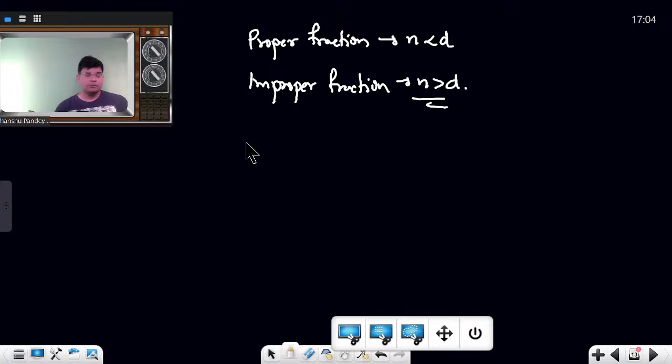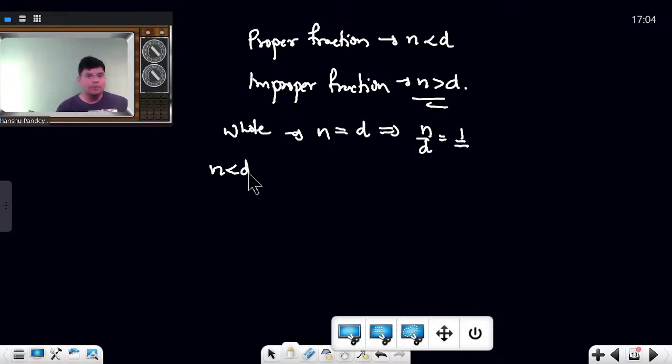Now there is one whole as well. Now when numerator is equal to denominator, what is the value of n by d? It is equal to 1. But if numerator is less than denominator, that means the number is always less than 1. So proper fraction is always less than 1.